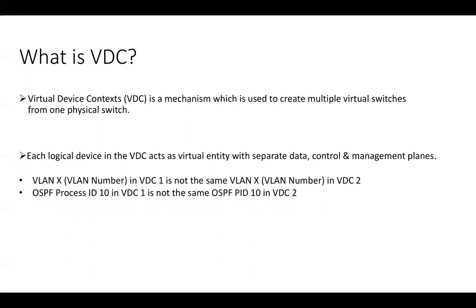What you can do is virtualize your Nexus 7K into multiple virtual switches and assign one virtual switch, called a VDC, to that particular customer. For the customer, this VDC will act as a separate switch and they can do whatever they want with this particular VDC. However, other VDCs on the same box will remain unaffected.